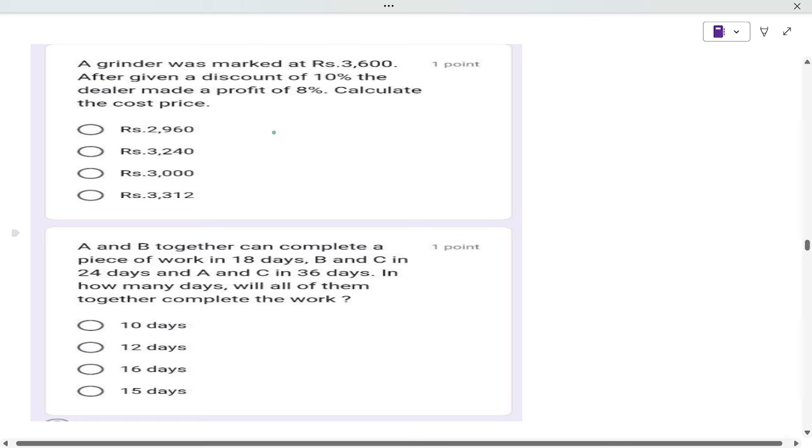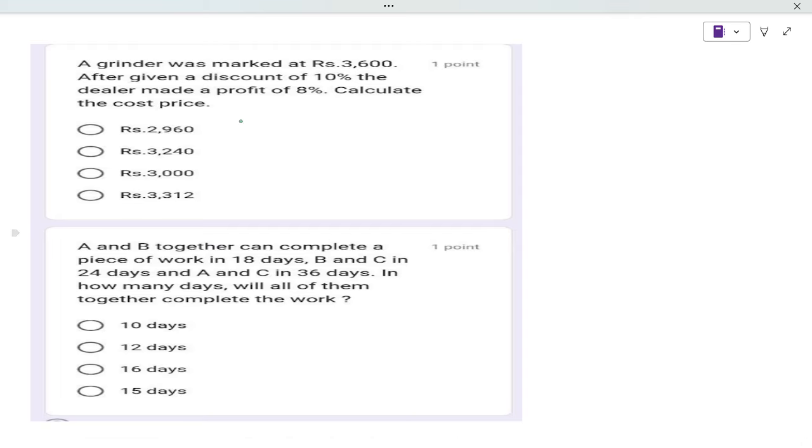Now can we say what the selling price is? The selling price is the total money with the 8% profit.